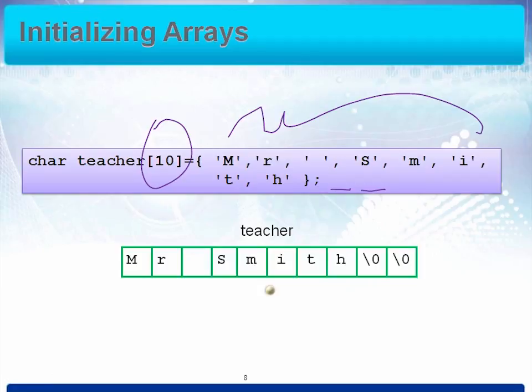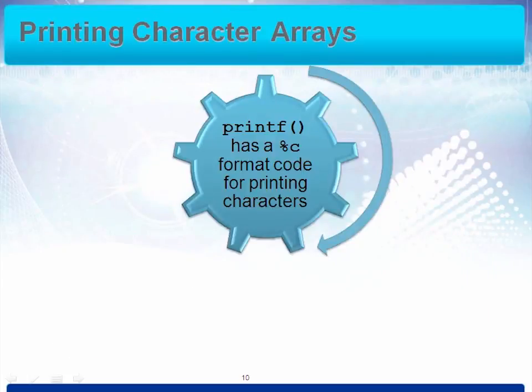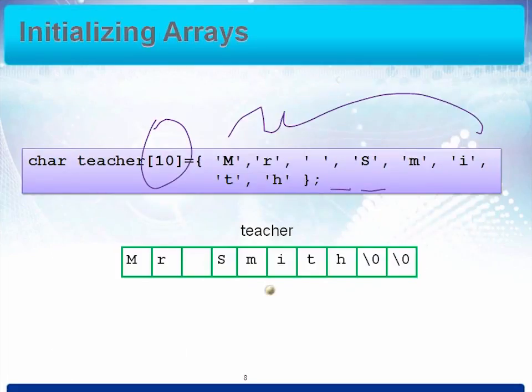And the same is true in a character array. If we were to go back and look at the ASCII chart one more time, and we look at what a 0 is, that's the very first entry in the ASCII chart, that's a null character. So a lot of times when we're dealing with characters, we represent them as a null with this \0. That indicates a null.